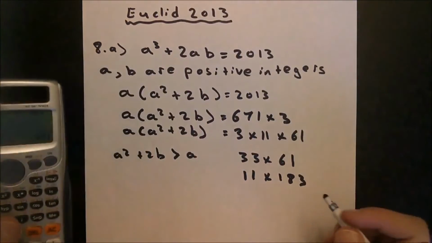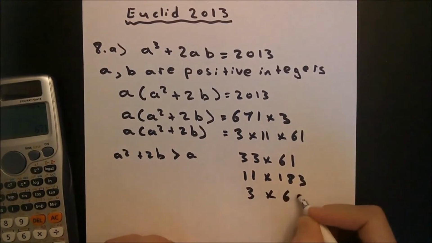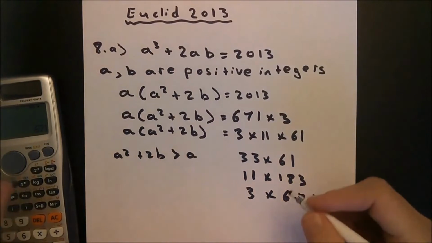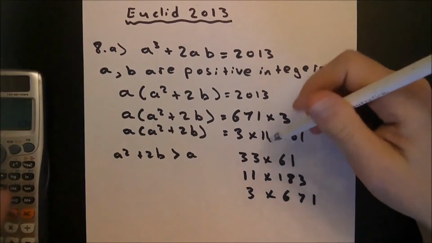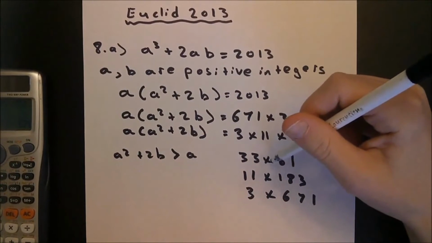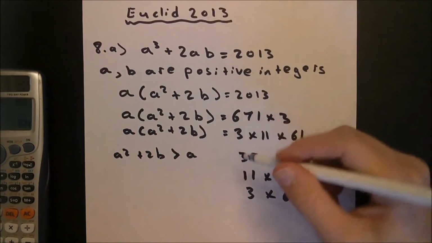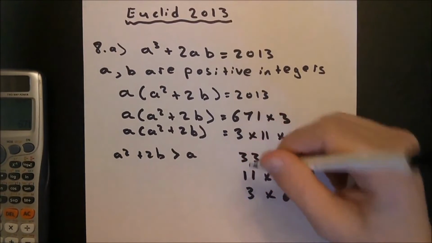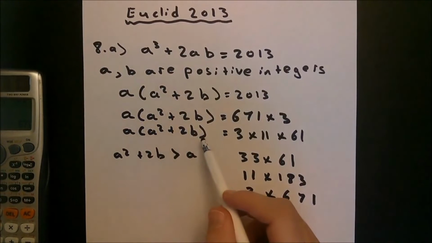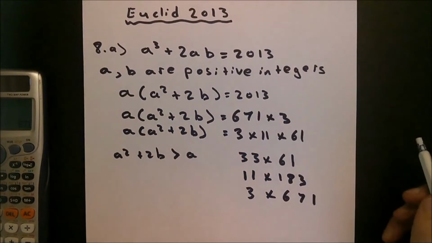Then we get 671 times 3. Okay, so those are all the different ways we can split up these three factors into two things multiplied together. And so we're always going to have the lower number on the left because a will always be smaller than a squared plus 2b if a and b are both positive integers.